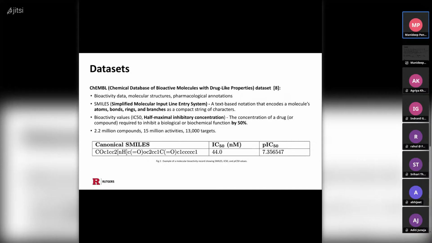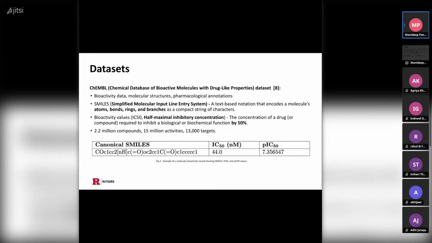This basically tracks bioactivity data, molecular structures, and pharmacological annotations. All the chemicals, each drug, have a particular SMILES, the Simplified Molecular Input Line Entry System, which is a textual way to represent a molecule's atoms and bonds. This data set also includes bioactivity values.